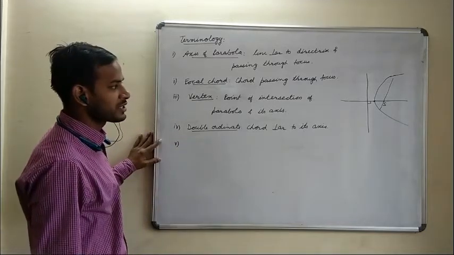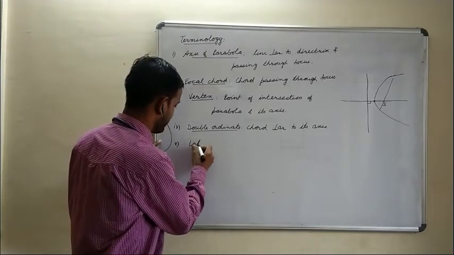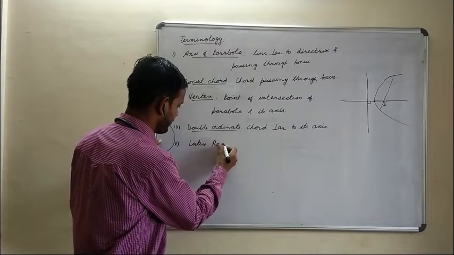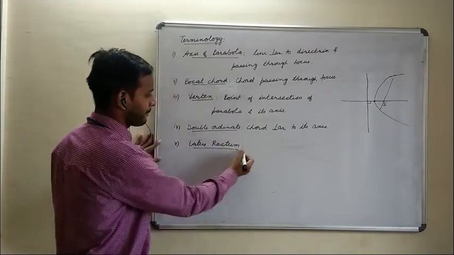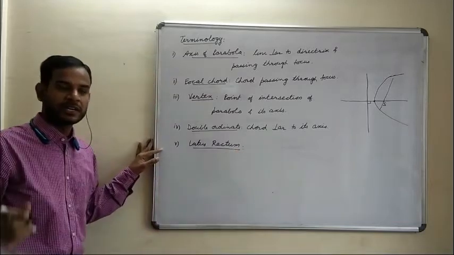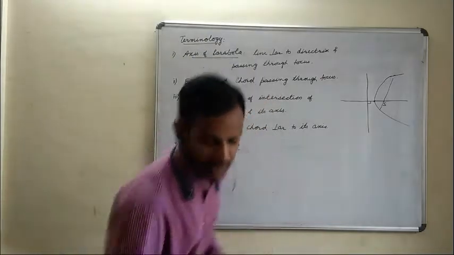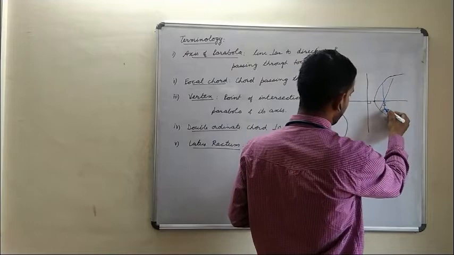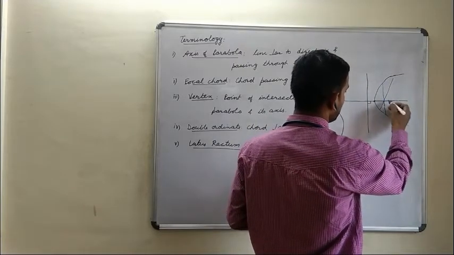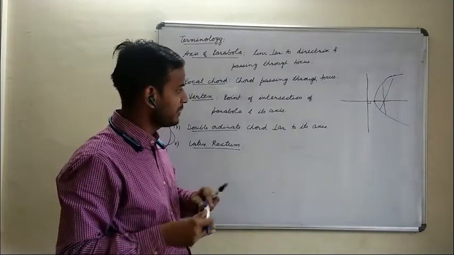Okay, so the last term that we are going to see is latus rectum. So latus rectum is double ordinate passing through focus, which means this one. So if it is double ordinate, it should be perpendicular to axis, okay?